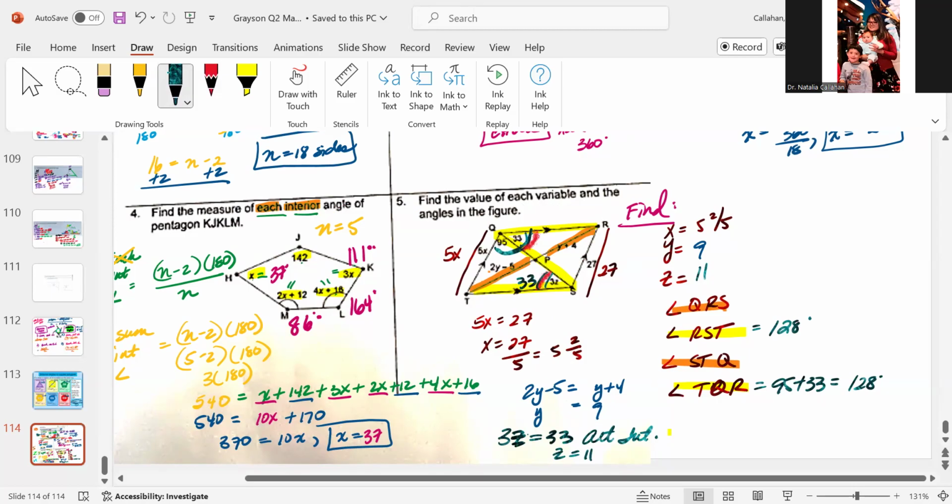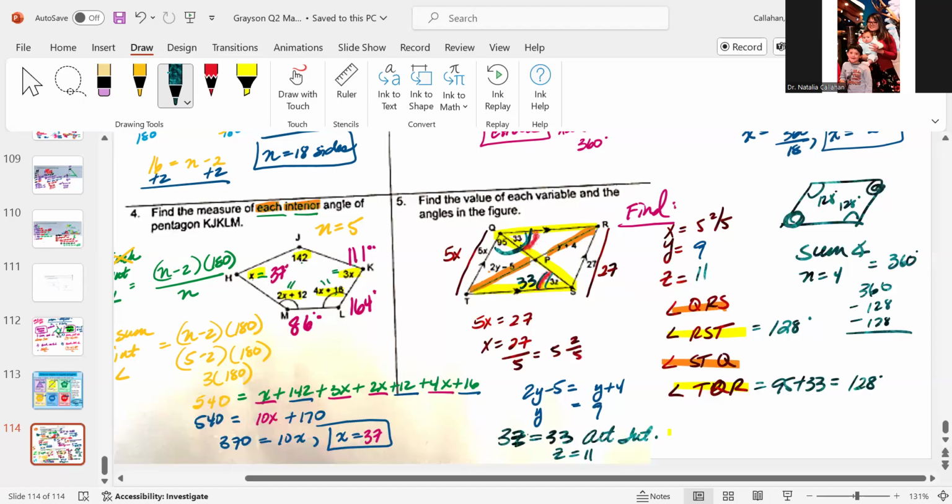Okay. How are you gonna find RQS? Do you see how this is a quadrilateral? Yeah. Okay. The sum of the angles when n equals 4 is 360. Do you agree with that? If I know this angle is 128, this angle is 128, wouldn't I just do 360 minus 128 minus 128, which will then give you this angle here and this angle here together, right?